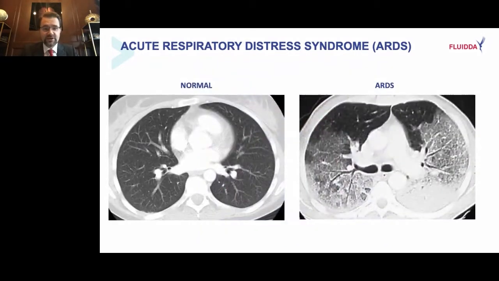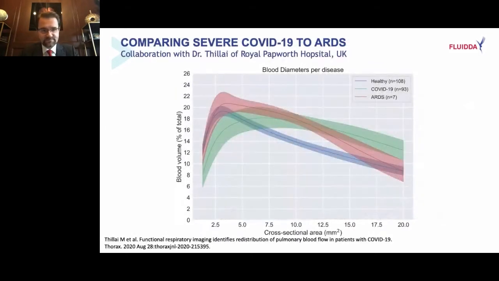Typical ARDS shows up in scans with ground glass opacity, the grayish areas, and consolidation, where it becomes completely white. That's a typical way of assessing ARDS visually, and I'll show you in a few slides that it's very hard to assess the actual blood vessels, the blood volumes. So a radiologist in a visual read usually limits the assessments to the ground glass opacity and the consolidation.